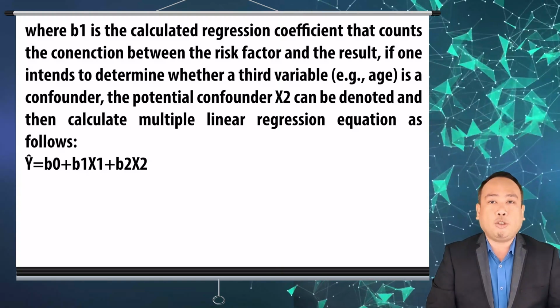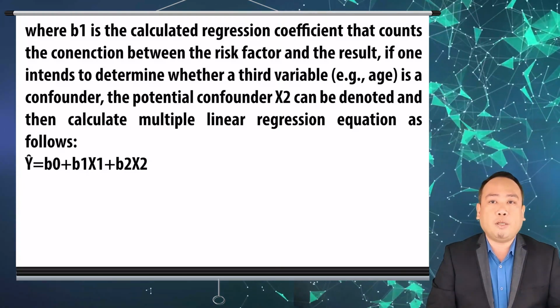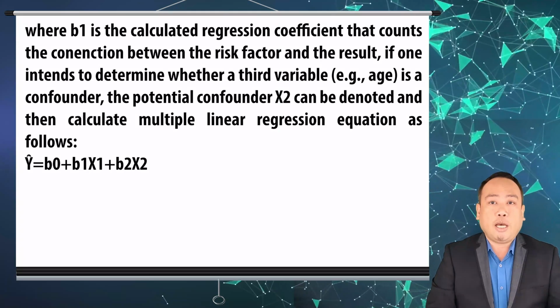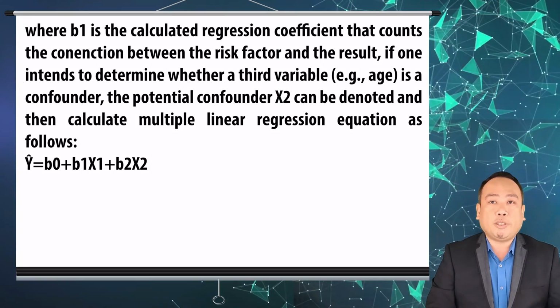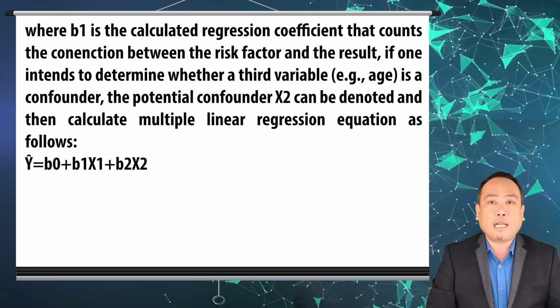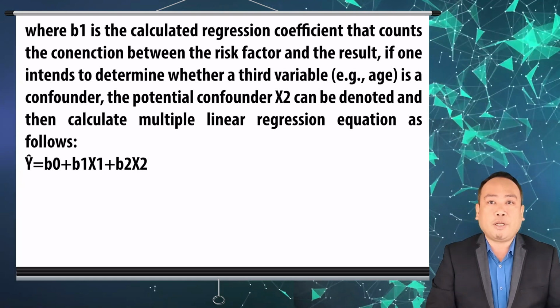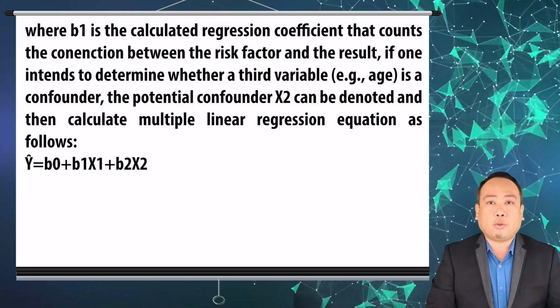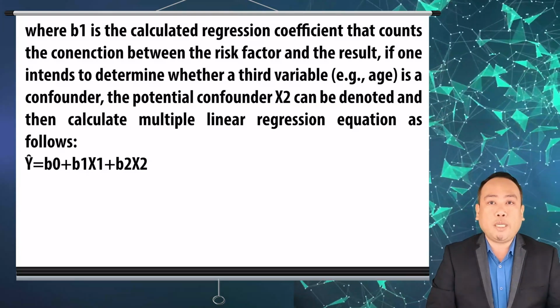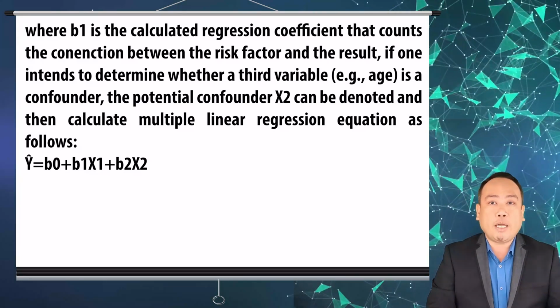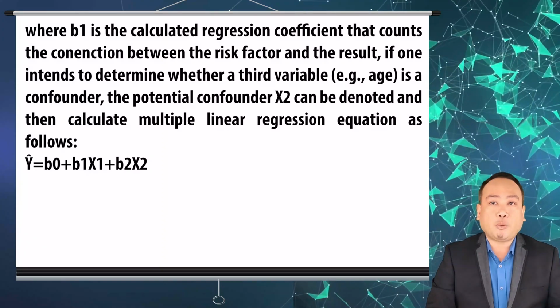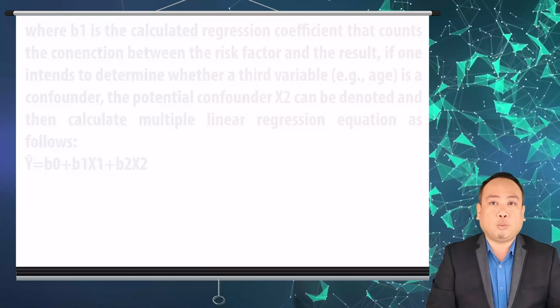If one intends to determine whether a third variable, that is age, is a confounder, the potential confounder x sub 2 can be denoted and then a multiple linear regression equation calculated as follows: y is equal to b sub 0 plus b sub 1 times x sub 1 plus b sub 2 times x sub 2.